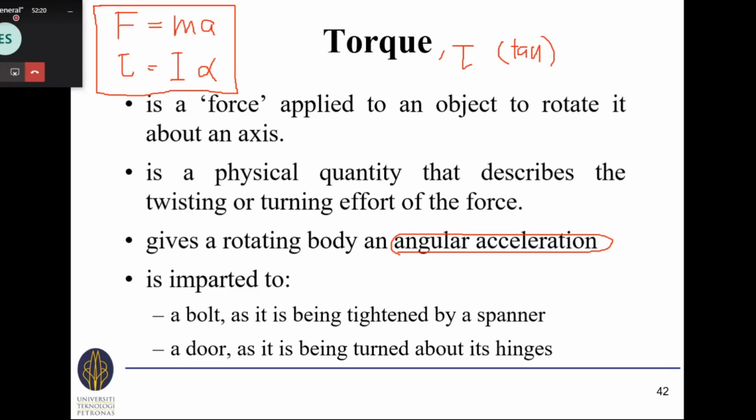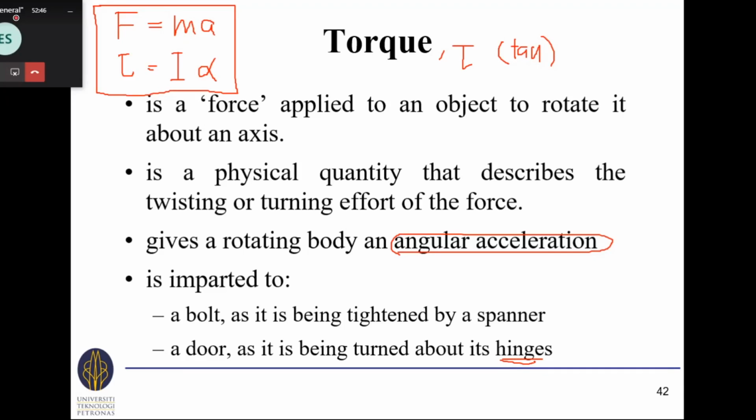The way to remember the formula is basically the same as for linear motion; you just change the unit there. For example, a bolt being tightened or loosened by a spanner, and a door being turned about its hinges. The hinges here mean the axis of rotation.